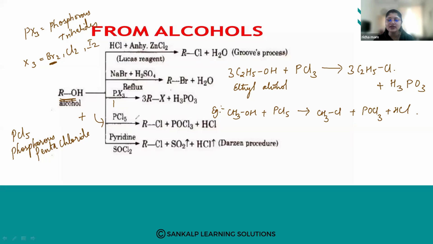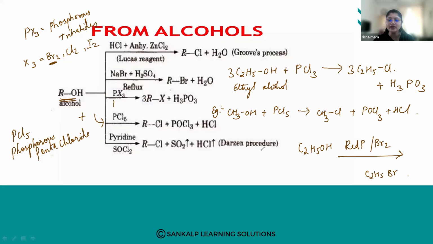Next, you can also get ethyl bromide if you treat ethyl alcohol with red phosphorus in the presence of bromine. So this is another example.